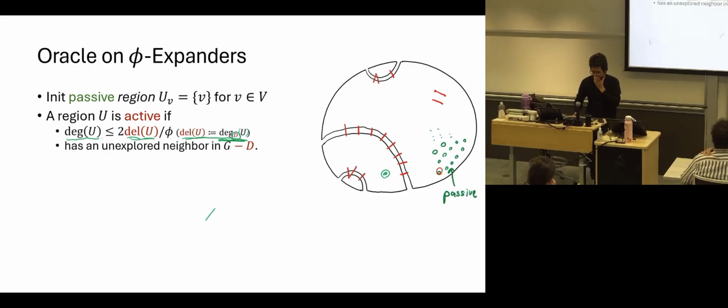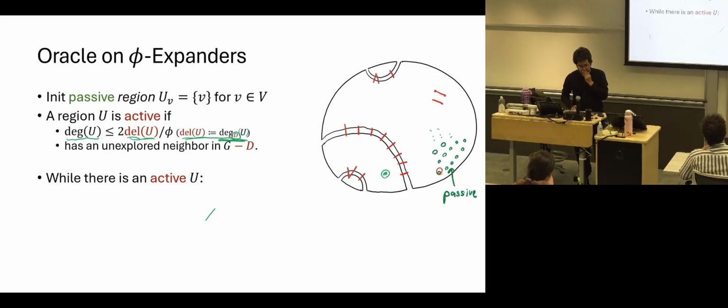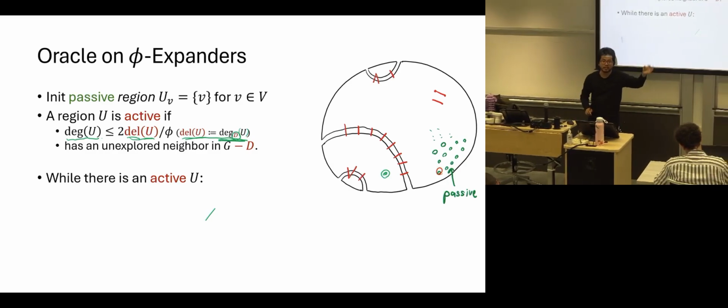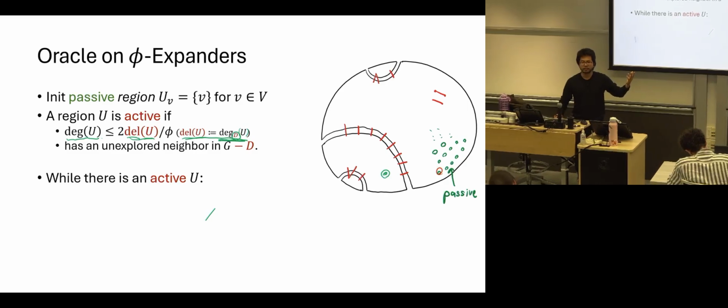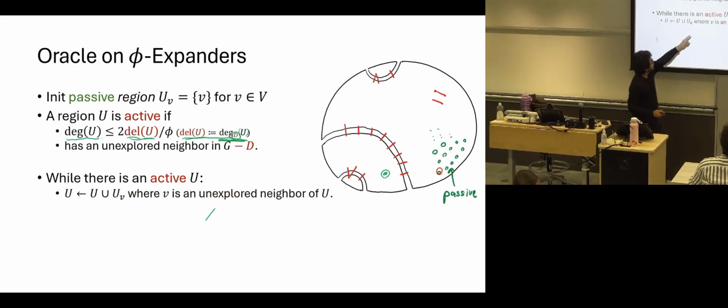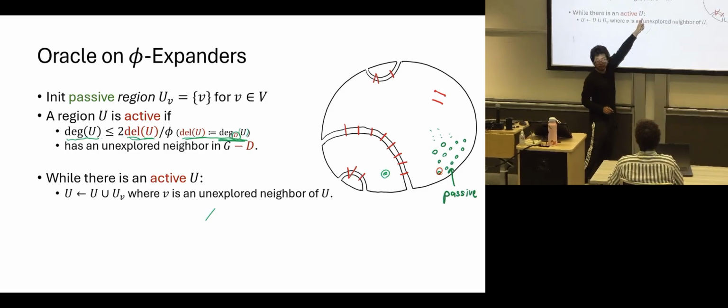Okay, let's see the algorithm. As long as there is an active region, a region that looks dangerous as to whether it's disconnected or not, we do something. Suppose that U is active.